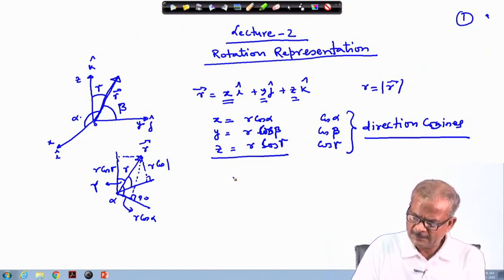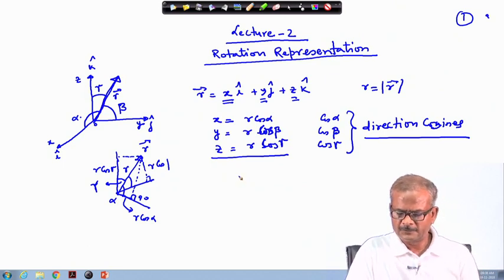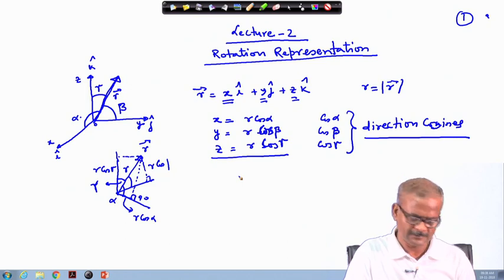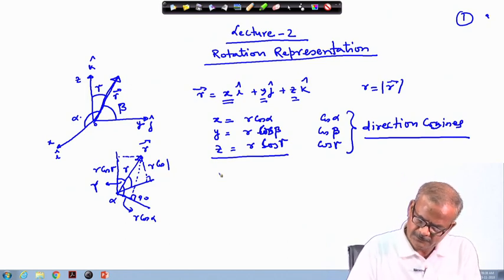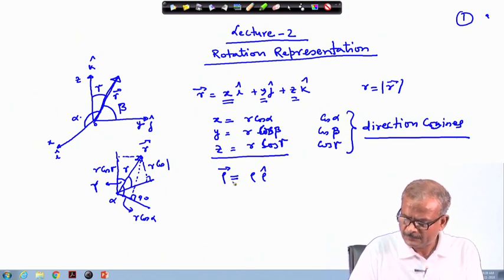If we want to write the same thing in a different way, there are multiple ways possible to do this representation. So, let us look into this representation. I have any vector rho. So, rho I can write as rho times rho cap, or equivalently we can write this as rho times e rho cap.